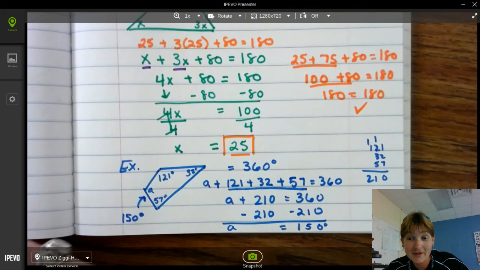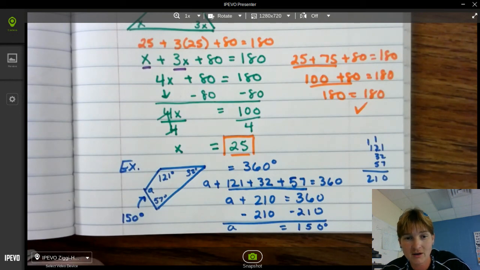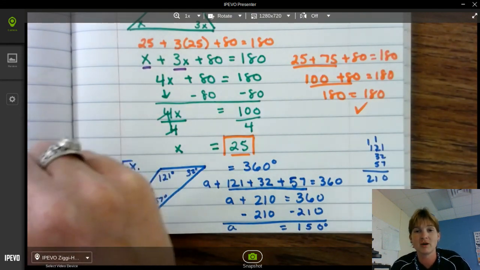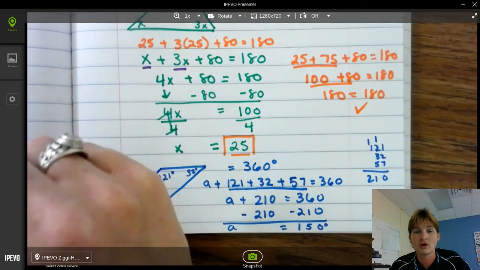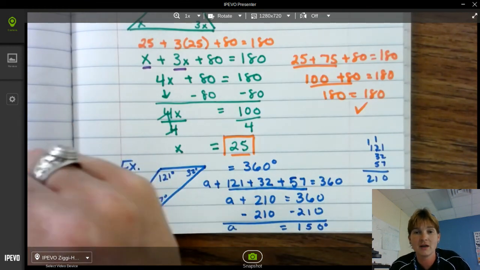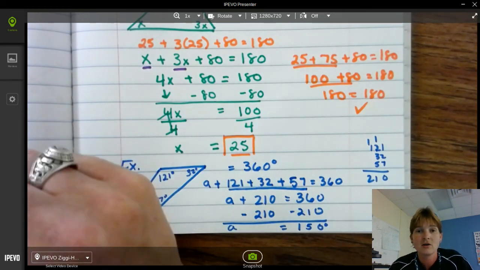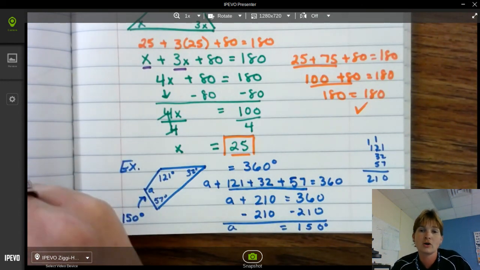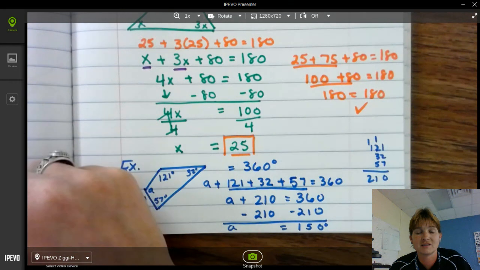Okay, so now that is going to conclude it for our quadrilaterals, triangles, supplementary angles, and complementary angles. Please remember you have 180 degrees for supplementary and triangles. You also have the right angles for complementary angles. And then your quadrilaterals are going to be your 360 degrees.